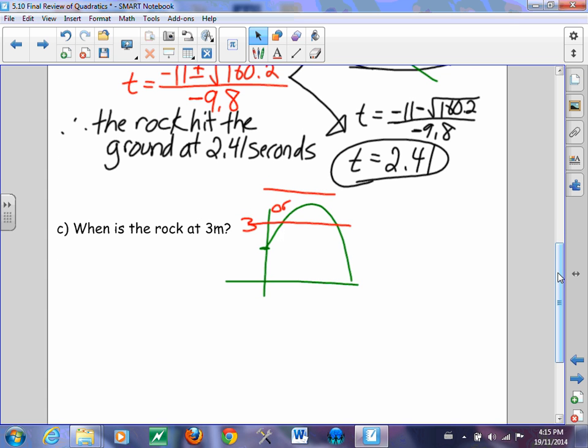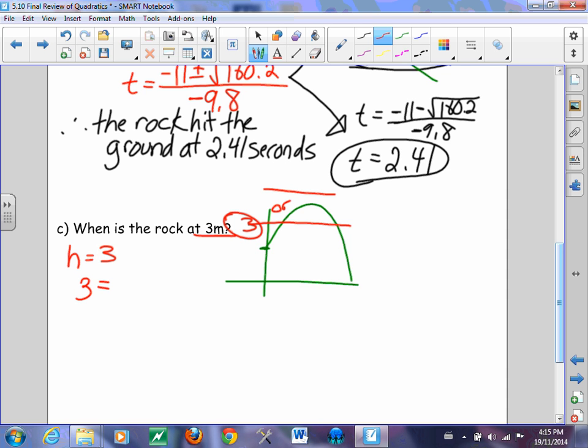All right, so if we know when's the rock at height for 3 meters, we're going to sub in h equals 3. So into our equation that was given, where we see an h, put a 3. So it's going to be 3 equals negative 4.9 t squared plus 11t plus 2. Remember, in order to use the quadratic formula, you got to have one side equal to 0. So you're going to take that 3, bring it over, and collect your constants on the right side.